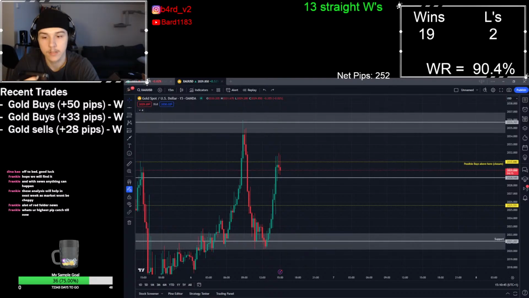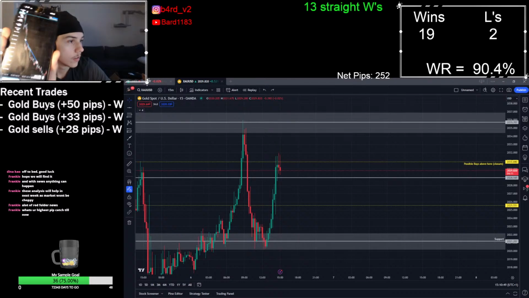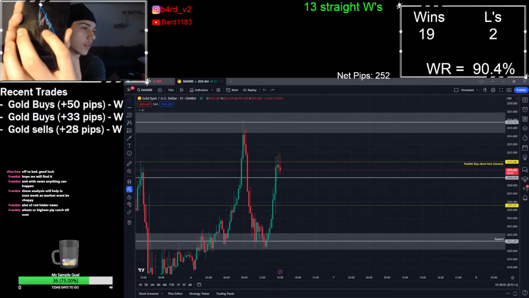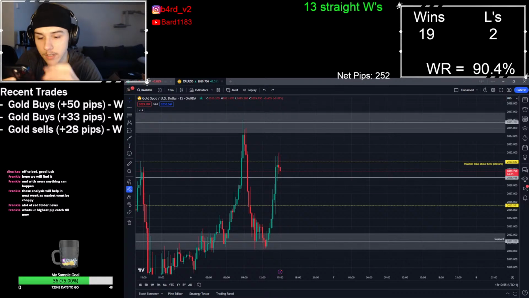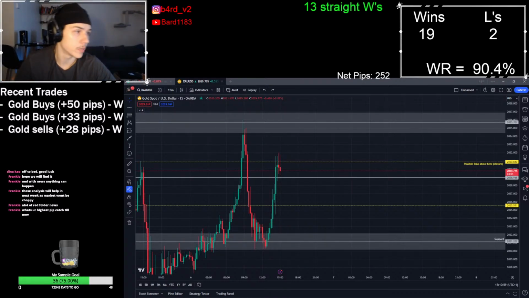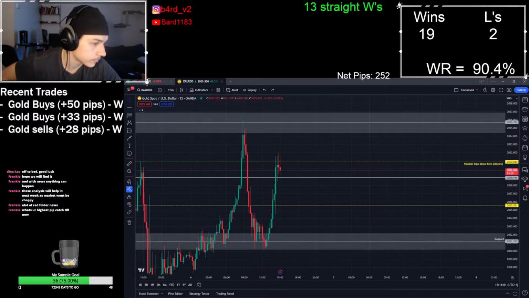Yeah. I don't know if you can see this, but this is in October. That was in October. That's my highest pip, around 200 pips. That was my highest pip catch, 200 pips.